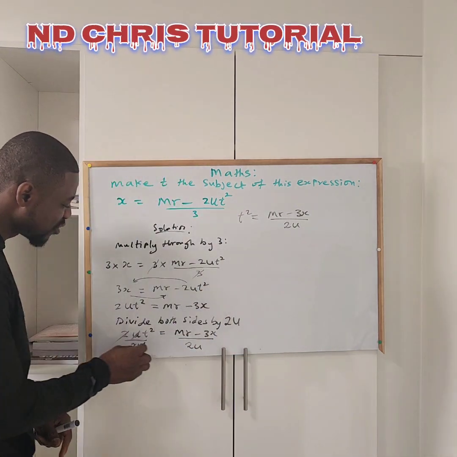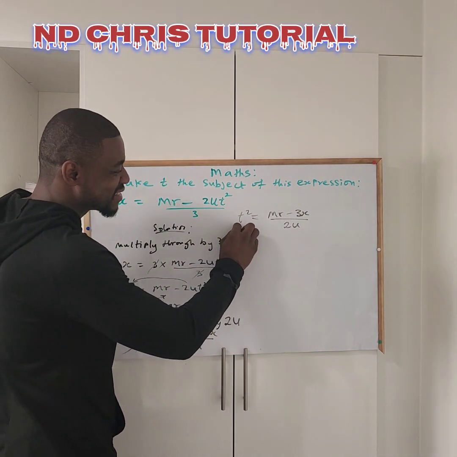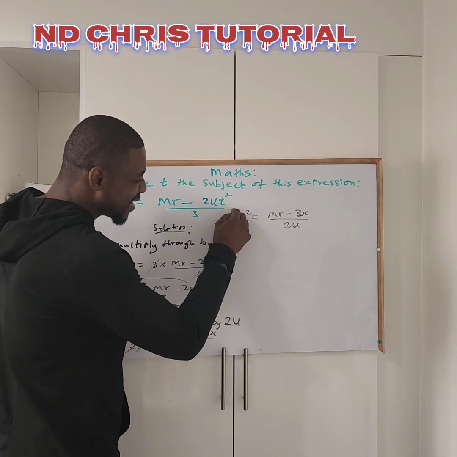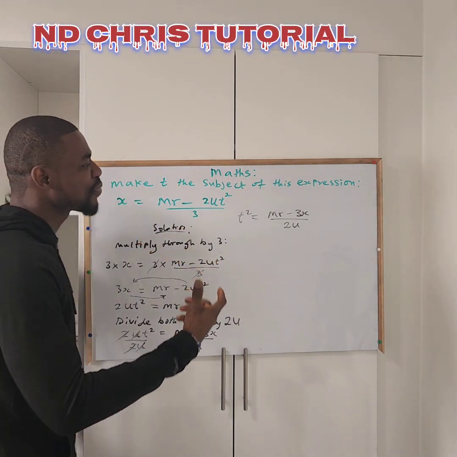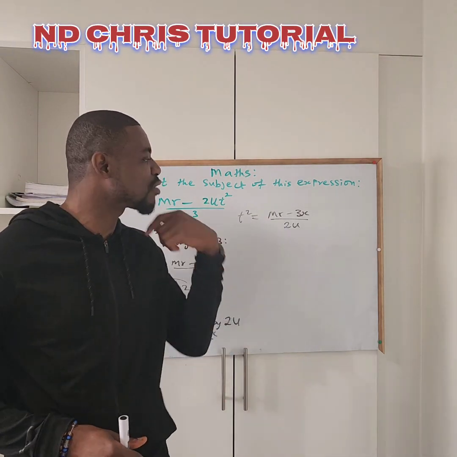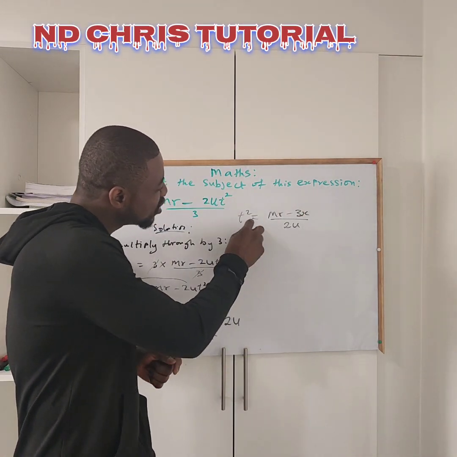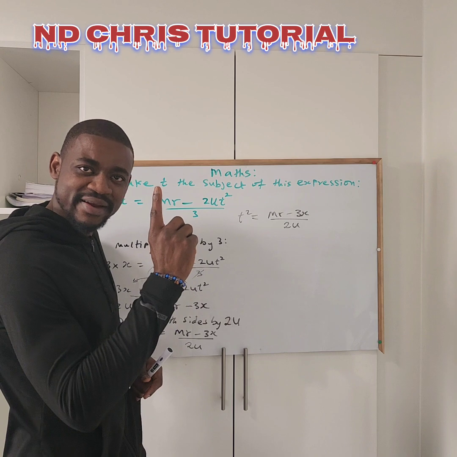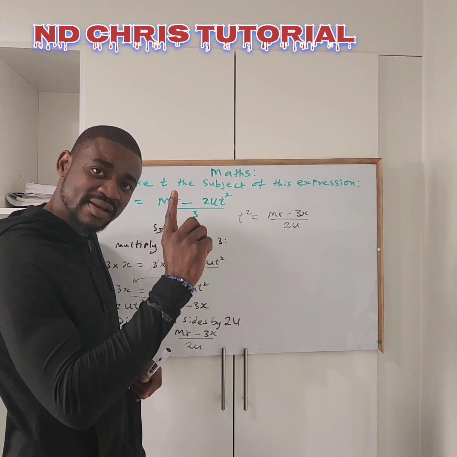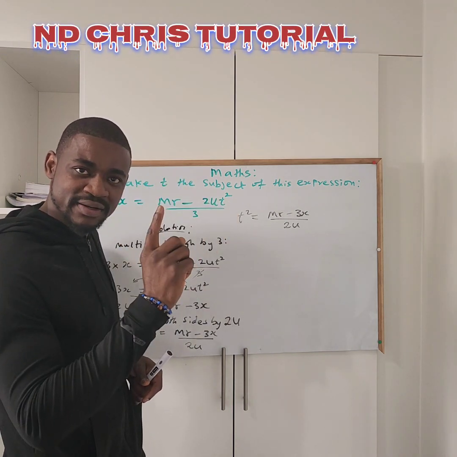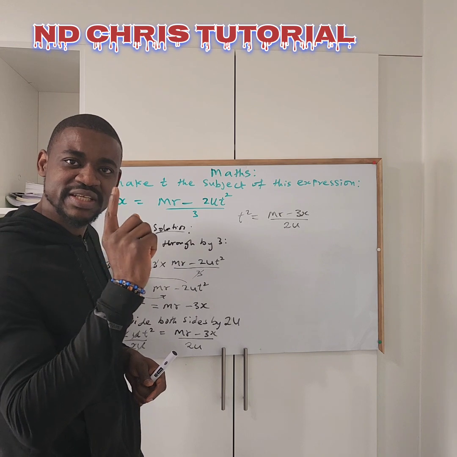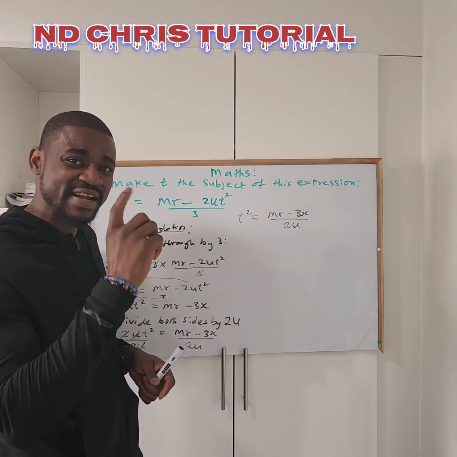So you can see we are able to remove the 2u and we have only t standing. Therefore, the coefficient of t here now is 1. However, we are not done because the power is more than 1. So we must do something to reduce the power to 1. Coefficient must be 1, power must be 1 for that variable to be the subject of that expression.